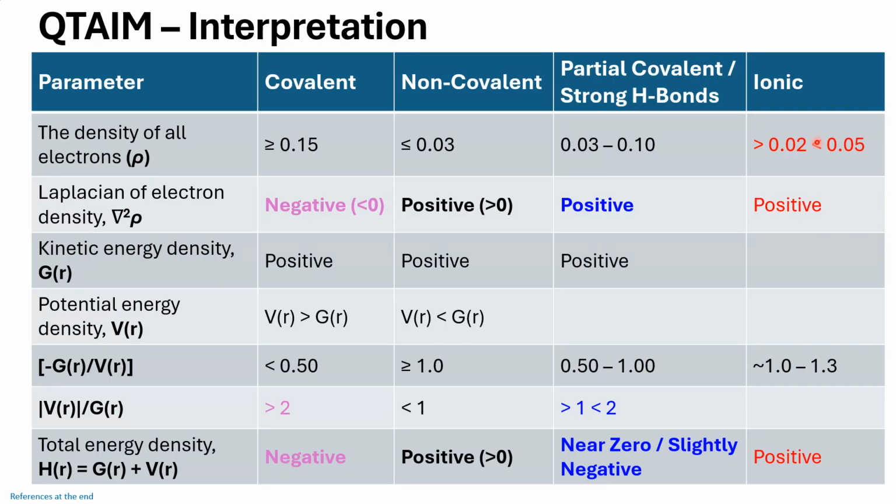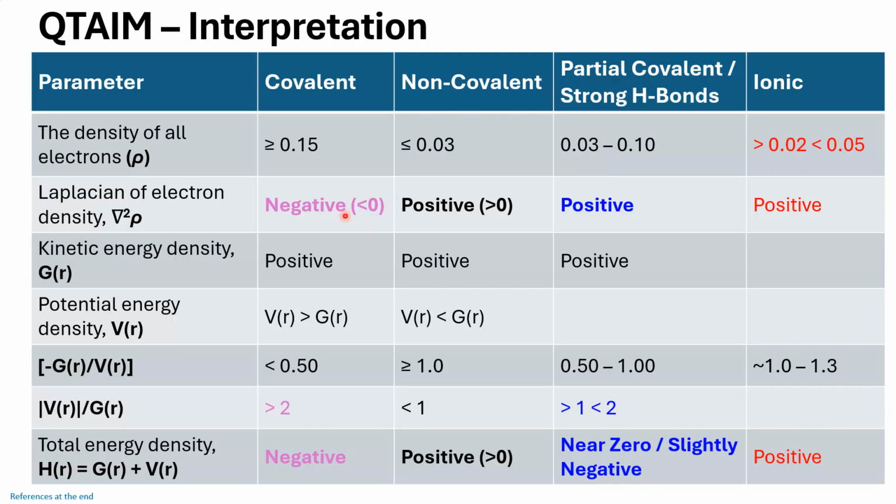Ionic bond is really tricky. I couldn't find it very well isolated in the literature, but somehow I arranged this table as a guideline. The Laplacian of electron density is negative for covalent bonds, but positive for the other values. Positive means greater than zero, negative means less than zero. In the literature, you can find it both ways.